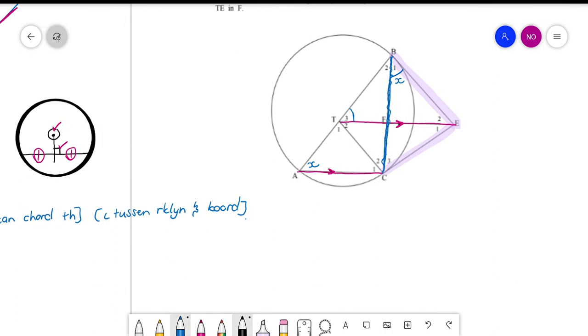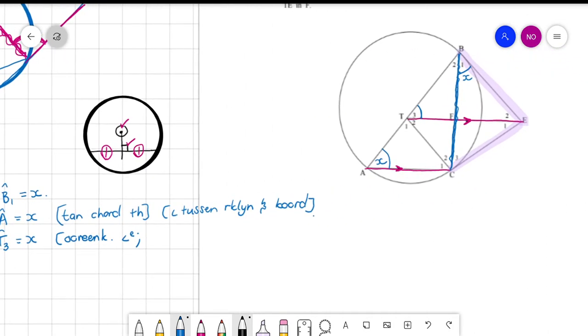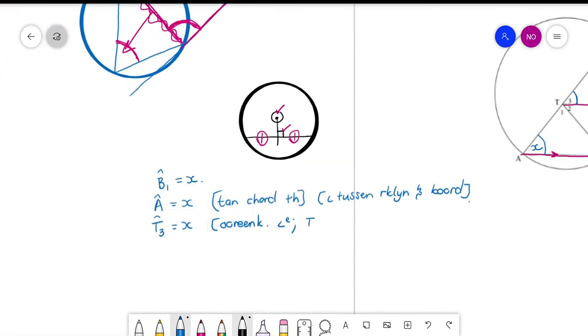Now we want to go there. Look at your parallel lines. Do you see that this angle will be equal to that angle? Because corresponding angles. Ooreenkomstige hoeke, TE is parallel aan AC.